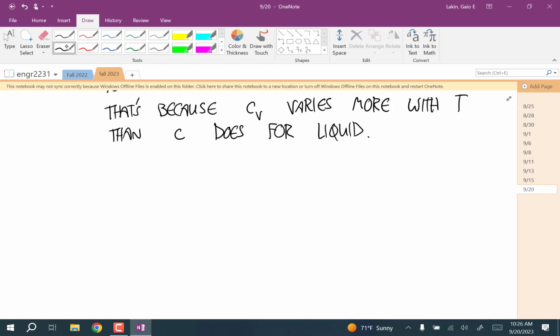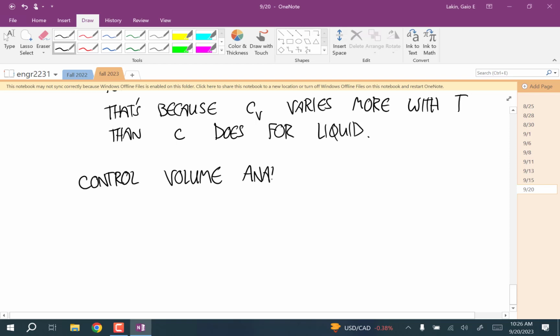Now we're going on to control volume analysis. This is the first time we're looking at this, and we'll get back to this with later topics.